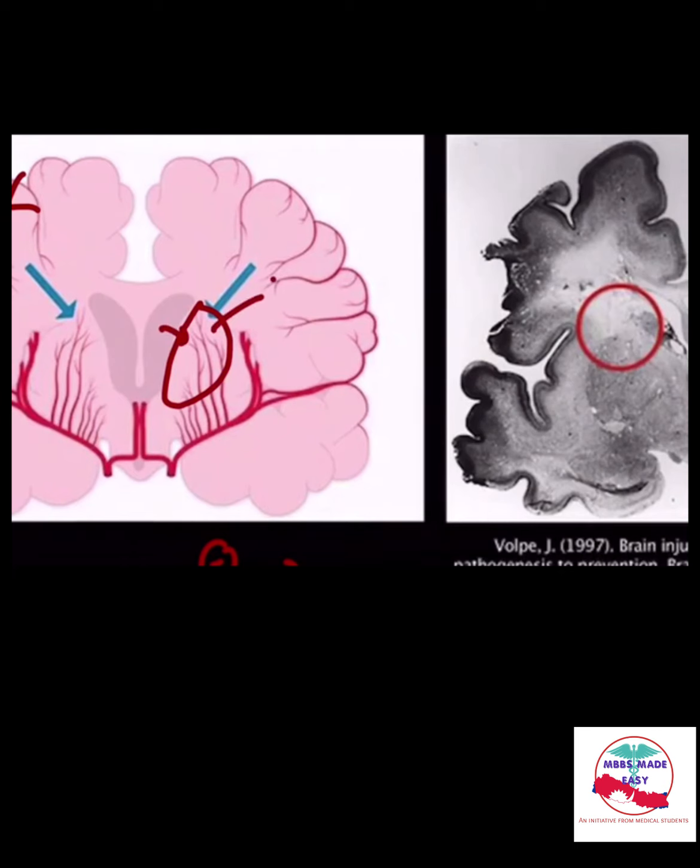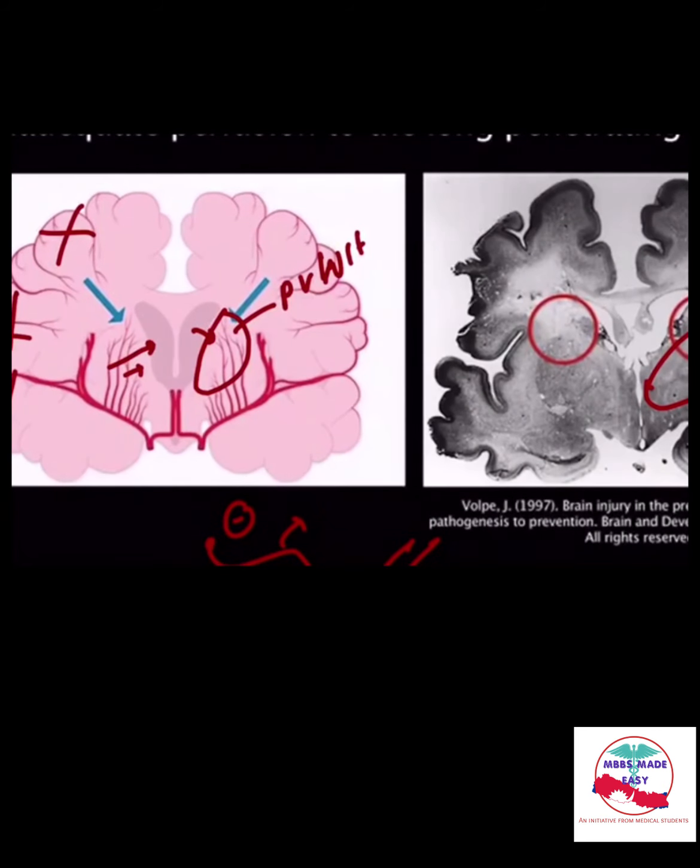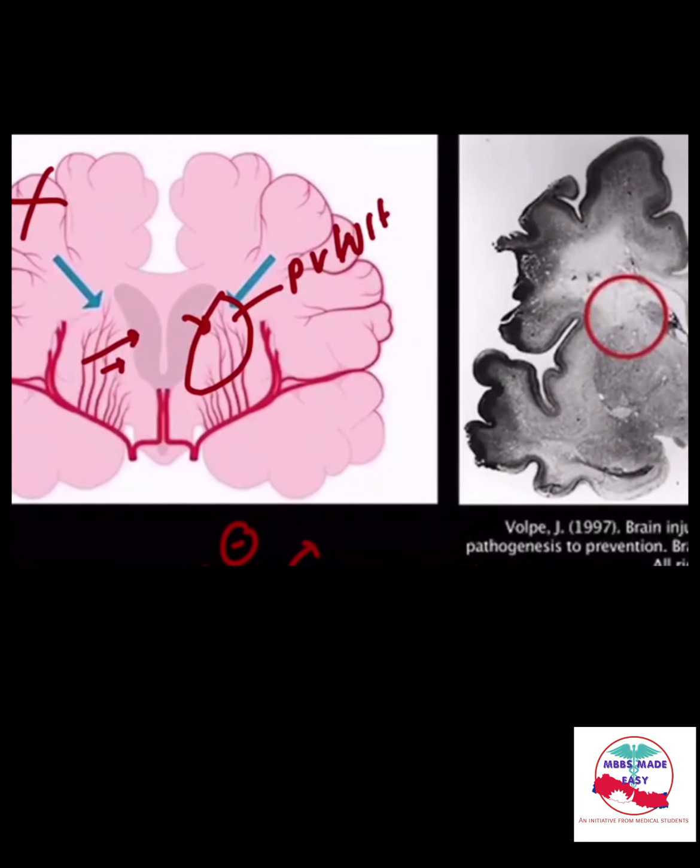This periventricular area, which normally consists of white matter, has a precarious blood supply that is not fully developed, and the condition is more exaggerated in a preterm baby. The preterm baby has a more precarious blood supply, and hence has an increased risk of damage or injury to this white matter, and ultimately this white matter does not develop properly.